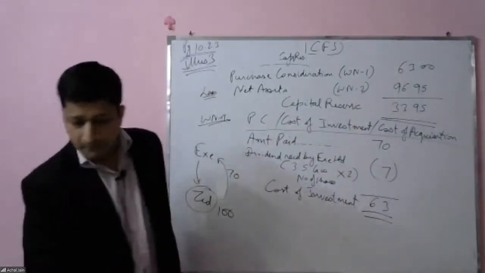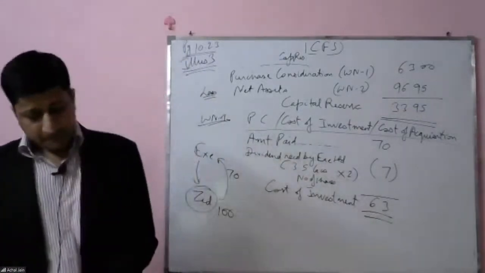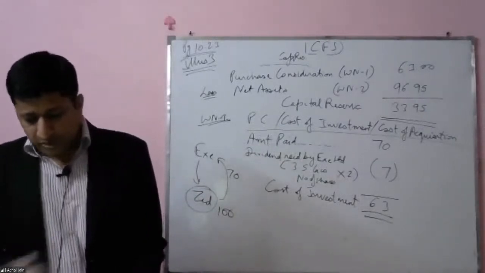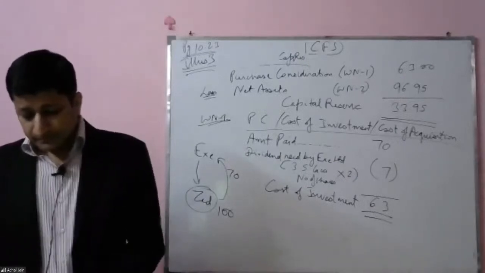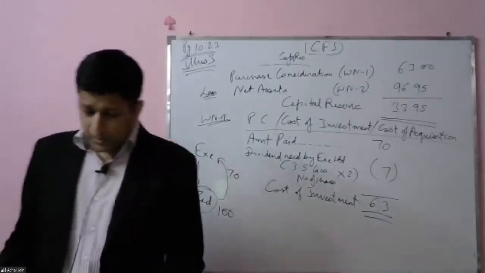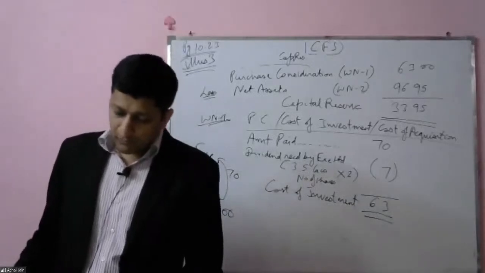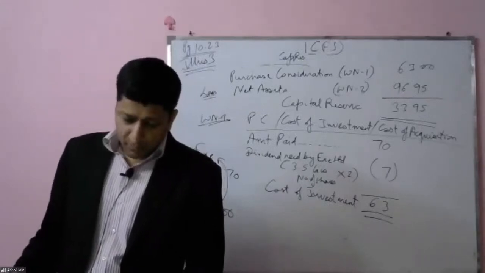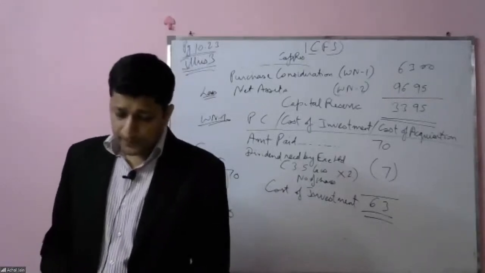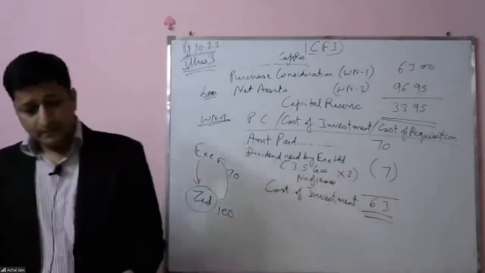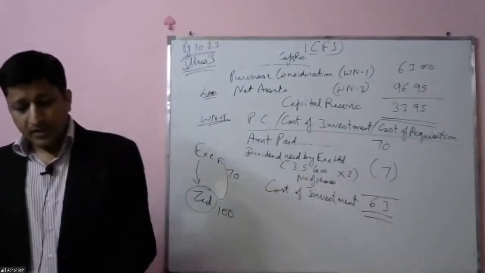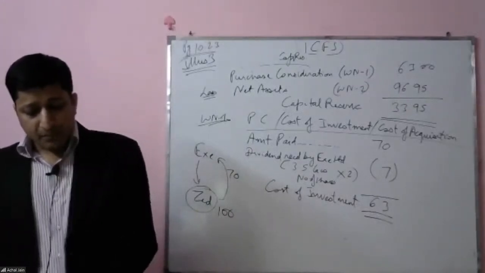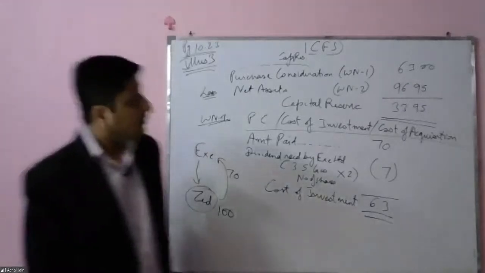So now we can, in fact, this illustration number 2 you should mark for your homework. Or maybe we can pick it up. Illustration number 5 you should mark for your homework. So we'll now move on to illustration number 2, but illustration number 5 should be your homework.